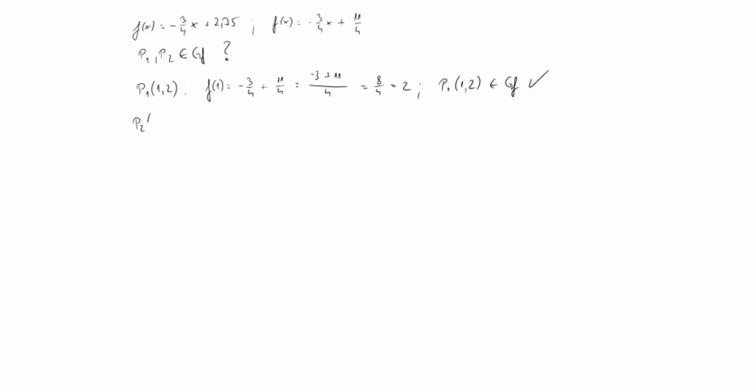Then let's check P2 with coordinates 5 and minus 1. So we have to plug in 5 into the function, which will give us minus 3 over 4 times 5 plus 11 over 4, and this will be minus 15 plus 11 over 4, which will equal minus 4 over 4, which will be minus 1.